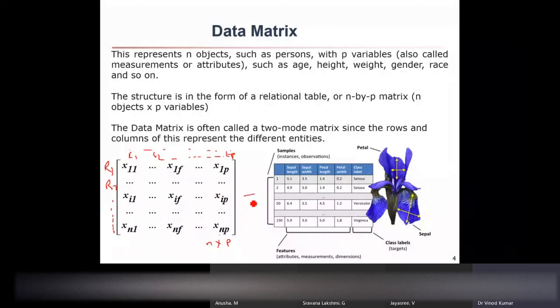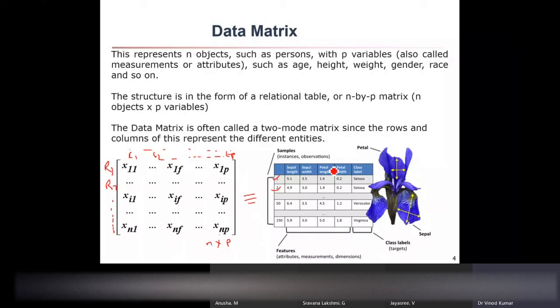For simplicity, you can see this side: we have record 1, row 2, and 150 records. You are very familiar with the Iris data set. In that, the attributes are sepal length, sepal width, petal length, petal width, and the class label.